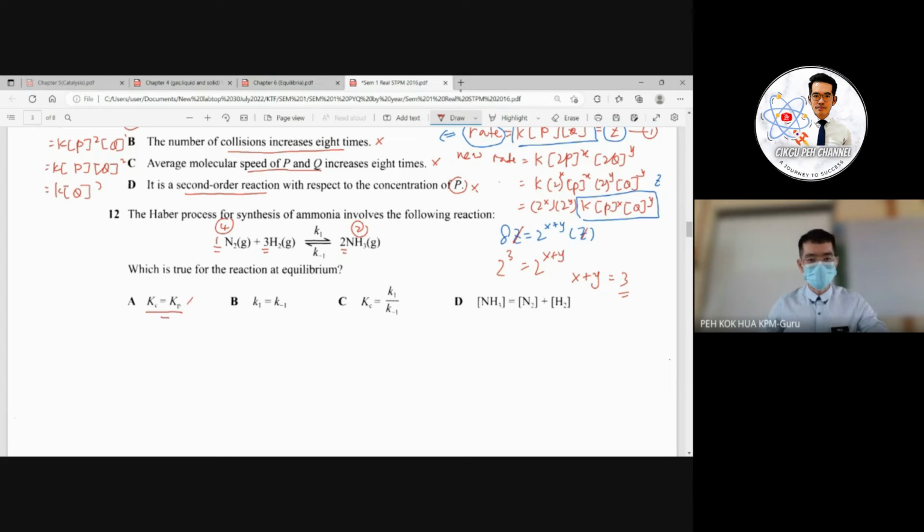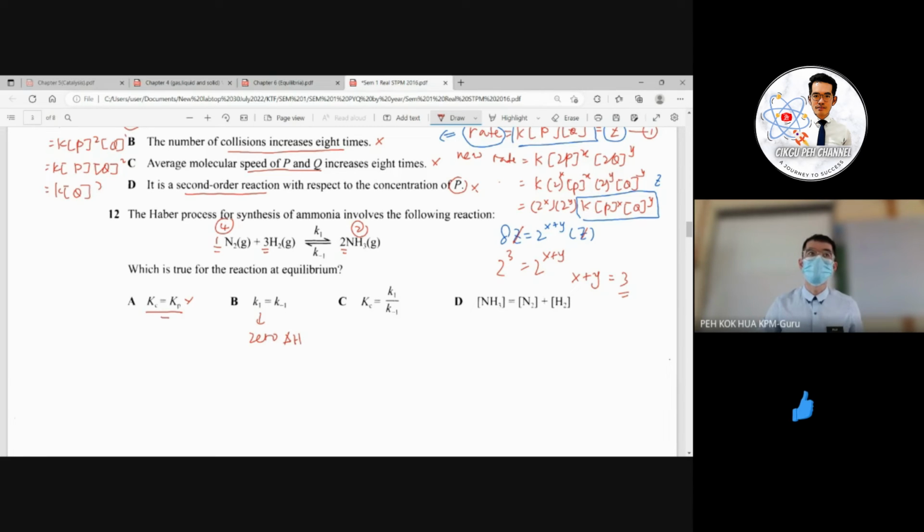Okay, so that one is wrong. Then the second, for the B, K1 and K reverse would be equal only for a zero enthalpy change reaction.